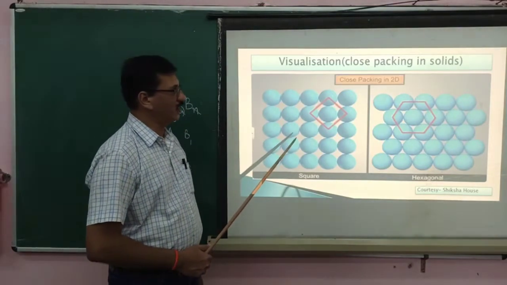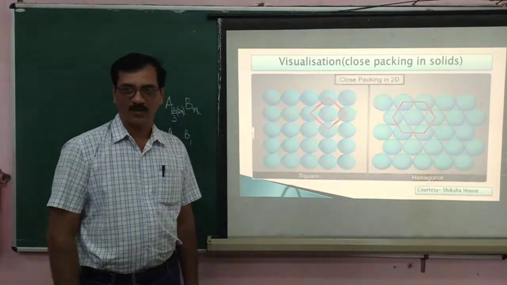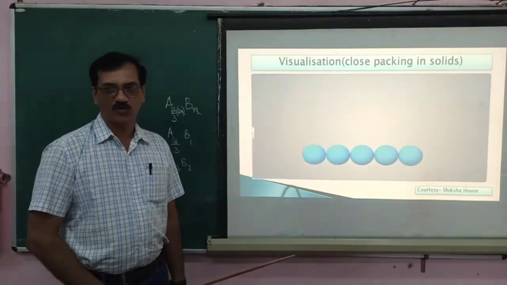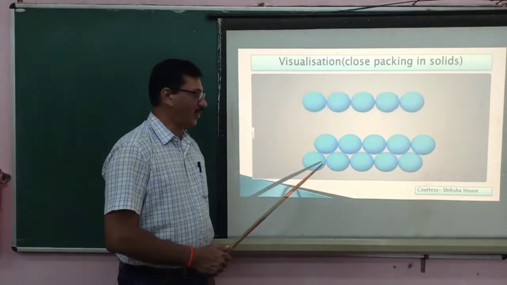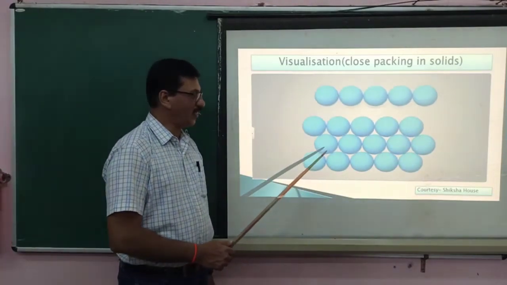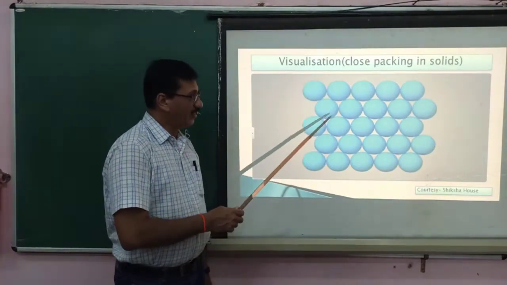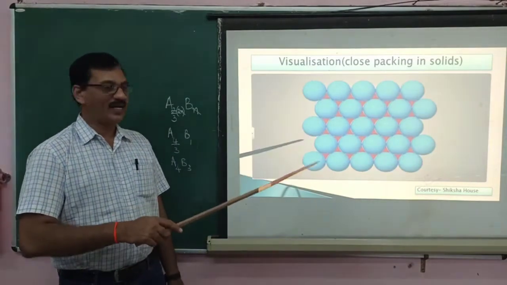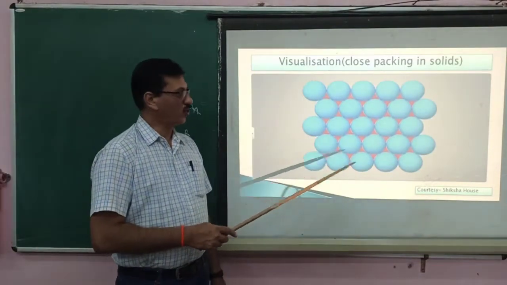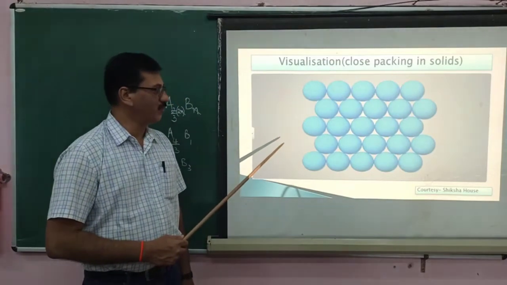Two-dimensionally you can choose either this one or this kind of layer, right? Suppose you take an HCP layer being formed in AB way. Taking this layer, these are the voids shown as red ones.